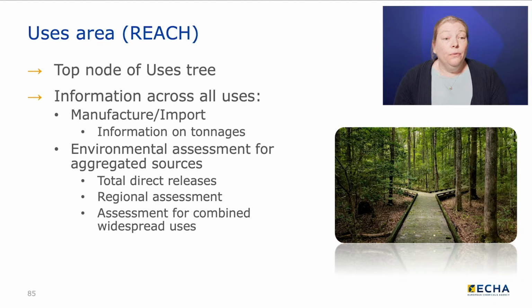So first of all, there is here information about manufacture and import, which basically contains information about tonnages, import, export, this kind of thing. And then here you also find the environmental assessment for aggregated sources. Some bullets here. So first of all, there is the total of all the direct releases. This is also where you find the regional assessment and the assessment for combined widespread uses.